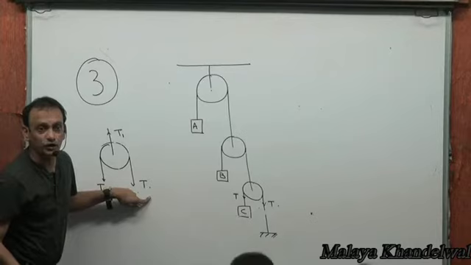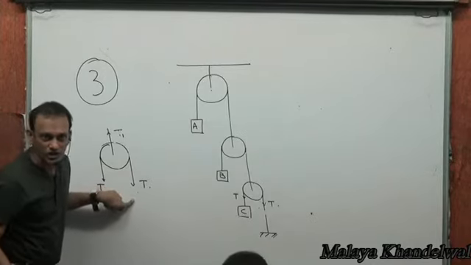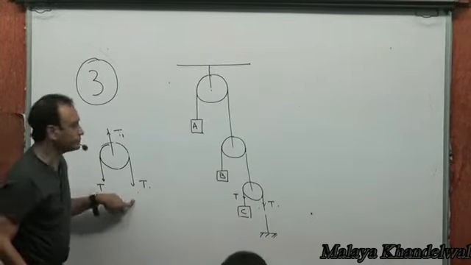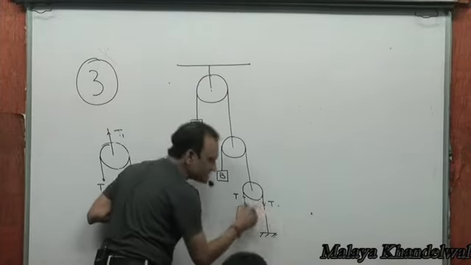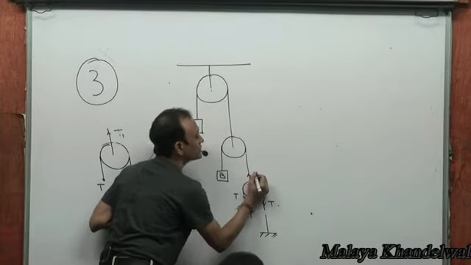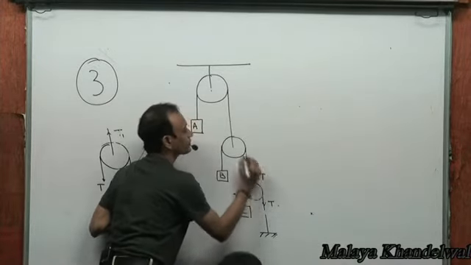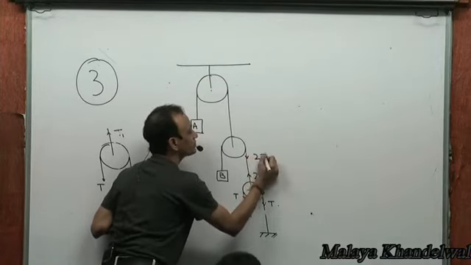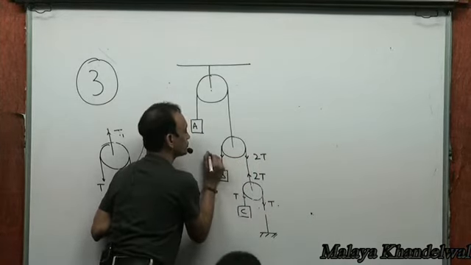Did I explain that to you in the previous class? T1 will turn out to be 2T? No? So, okay. If T is the tension here, then the tension in this is going to be 2T. This is 2T, 2T, etc.